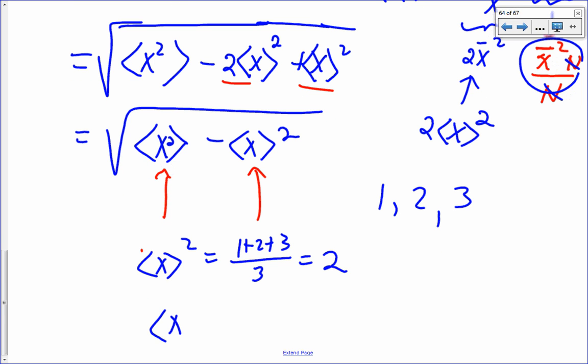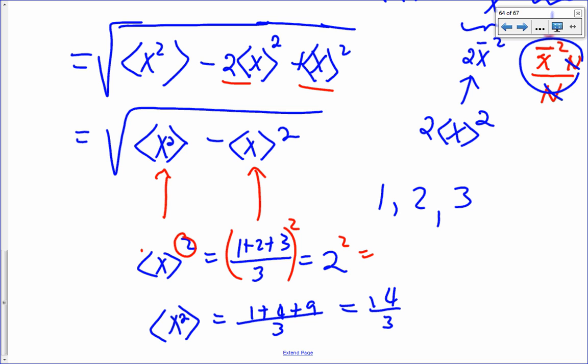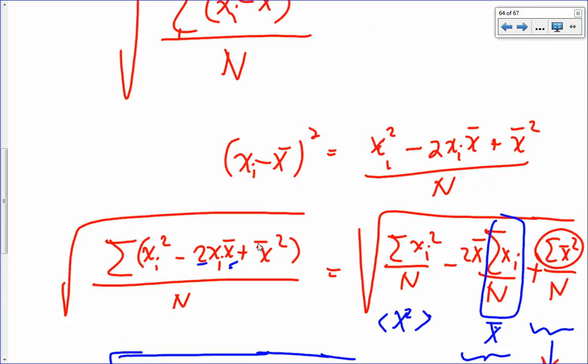The average of x squared would be 1 plus 4 plus 9 divided by 3, which is going to be 14 over 3. Oh, I forgot. This has to be squared, right? So 2 squared, that's 4, right? But 14 over 3, what's 14 over 3? That's 4 point something, right? So this difference is always going to be larger than 0. It's going to be a positive number. So that is where that comes from.